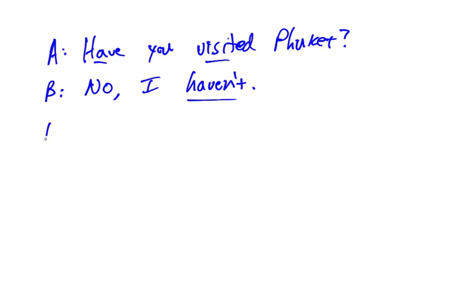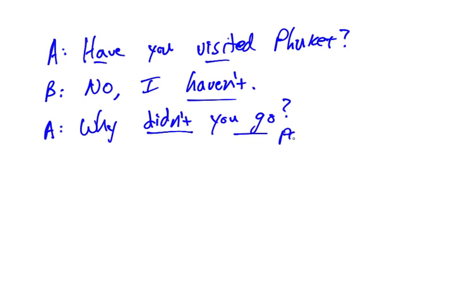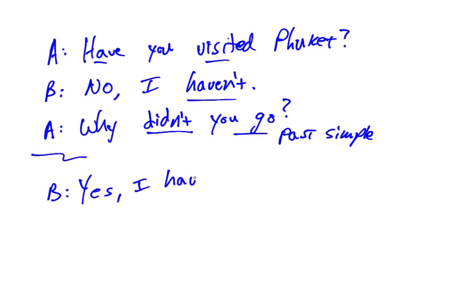So now that it's no, A could maybe ask, why didn't you go? So this is past simple. Alright. Or for example, maybe B says, yes, I have. Well, then A can ask, who did you go with?